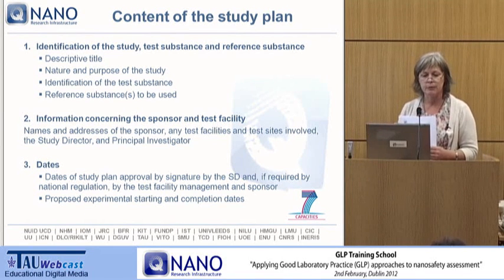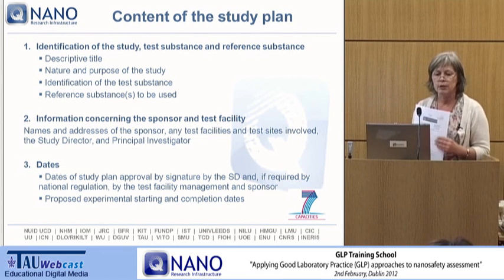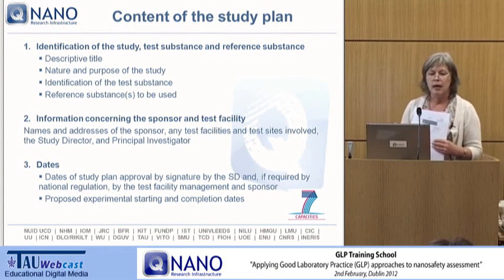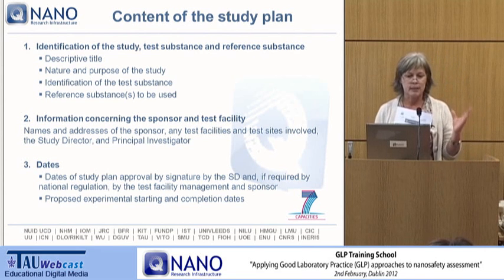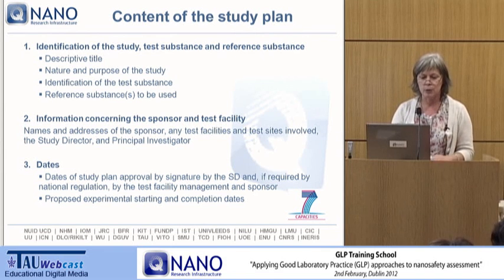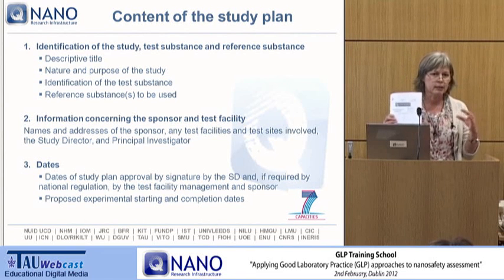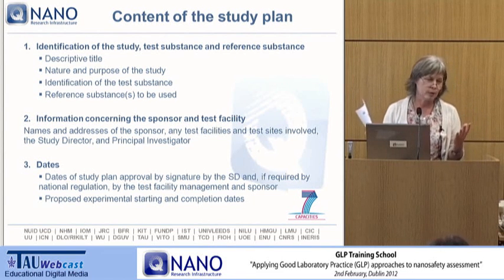Identification, descriptive title, nature and purpose, so it should be clear what will be studied, identification of the test substance and the reference substance to be used, and also information concerning the sponsor and test facilities. Test facility is the laboratory.